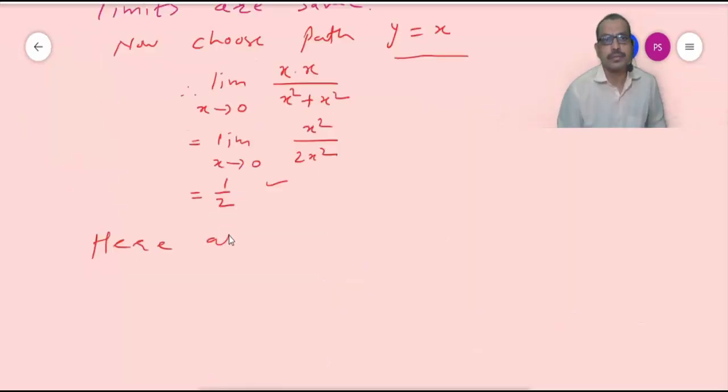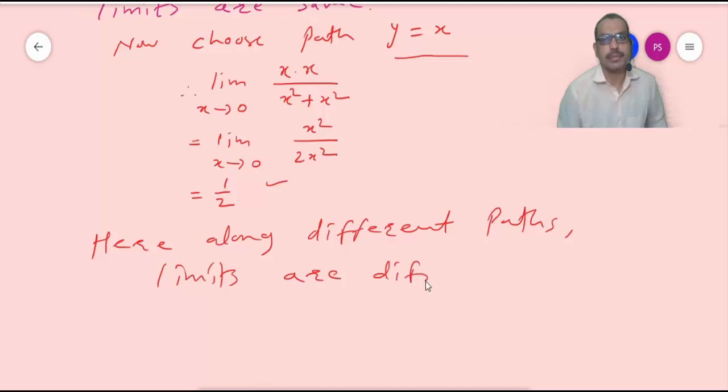Along different paths, the limits are different. Therefore, we say that the limit does not exist.